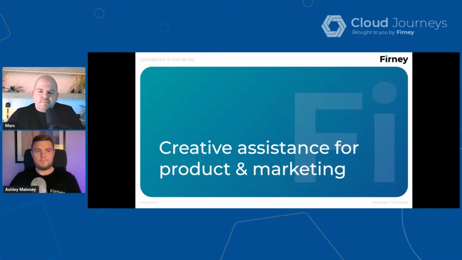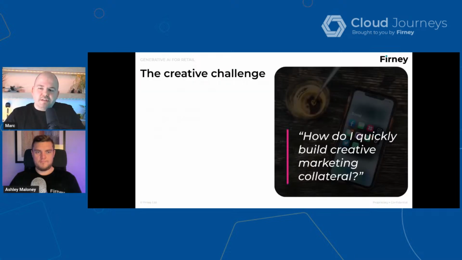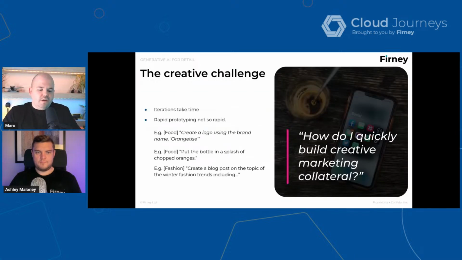Cool. So the next use case is around creative assistance for product and marketing. So this is essentially the creative challenge. Product and marketing teams quite often need to build marketing copy, images, logos, adverts, all sorts of creatives, billboards, that sort of thing. The challenge with this is those iterations tend to take time.